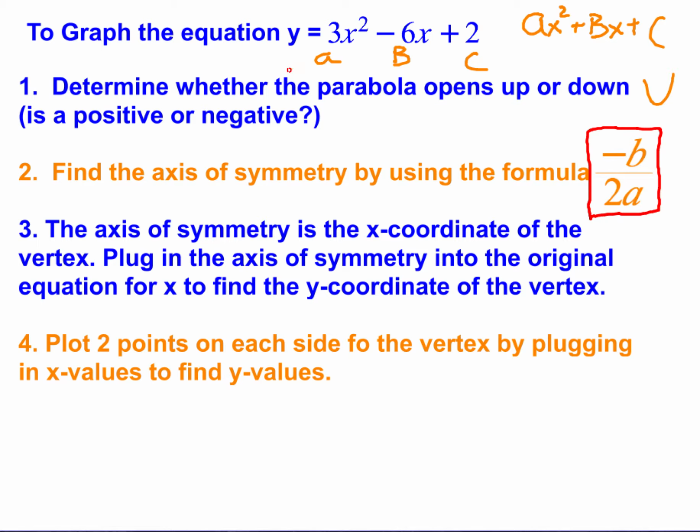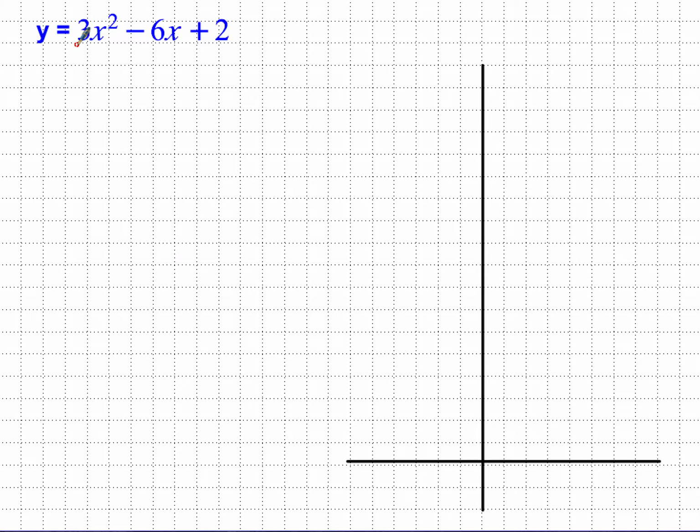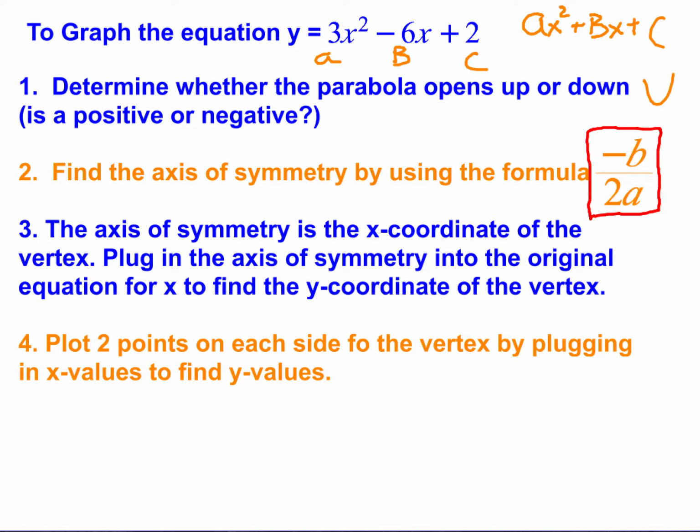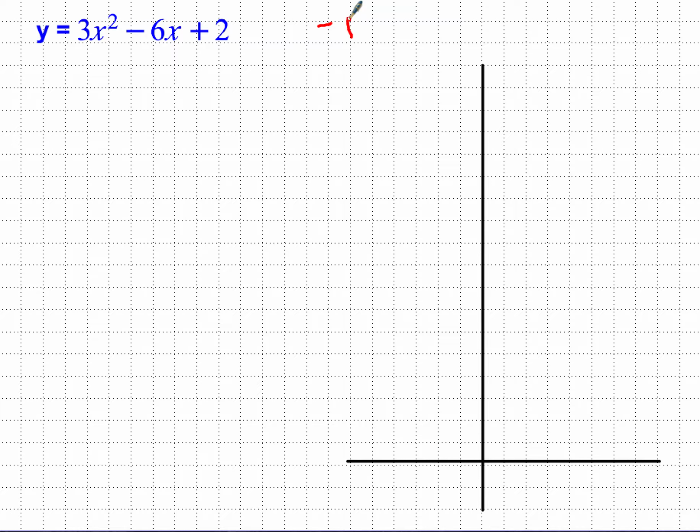Okay, so let's look at this. Again, I have the same exact function, 3x squared minus 6x plus 2. So I have negative b over 2a. Now what I need to do is find my vertex.